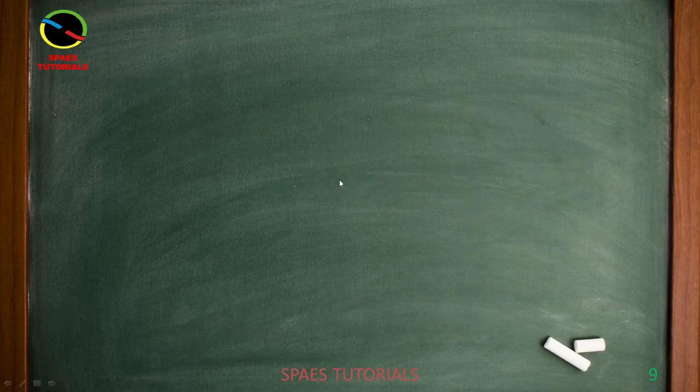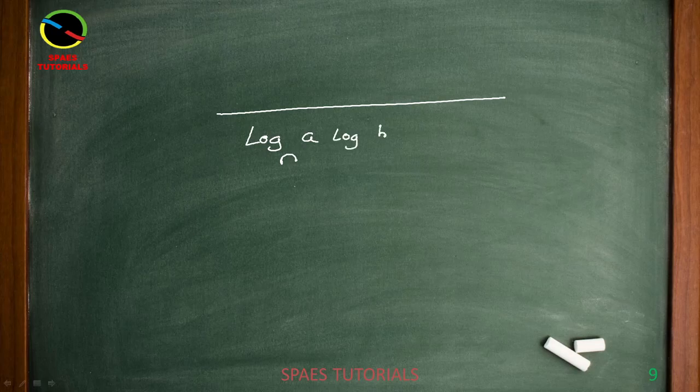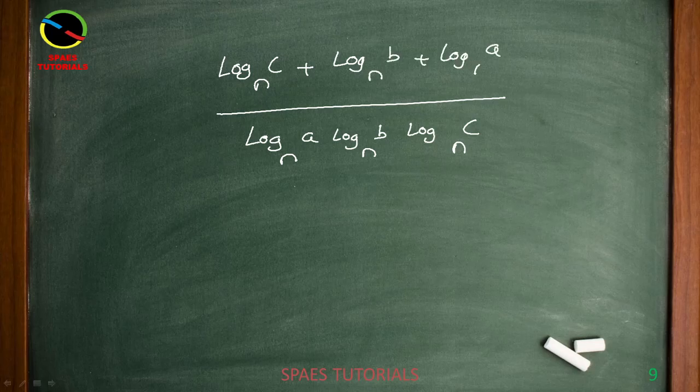Let's take the LCM. The LCM is going to become log A base n into log B base n into log C base n. In the numerator, you will be getting log C base n plus log B base n plus log A base n. So the numerator is going to become log ABC base n divided by, it remains the same, log A base n into log B base n into log C base n.